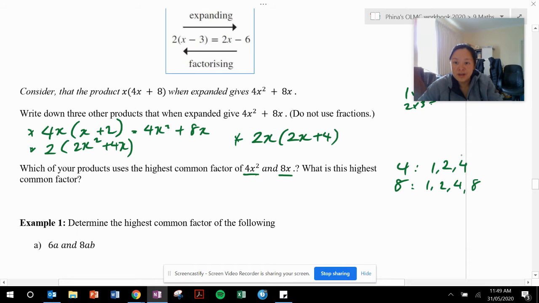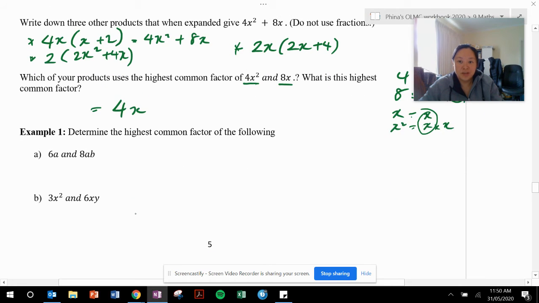Your highest common factor here is 4. So our number is 4. Then look at the letters. We've got x and x squared, so basically x times x, and then x. Your highest common factor is x. And so the highest common factor of 4x squared and 8x is 4x.